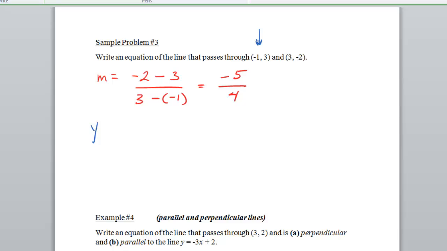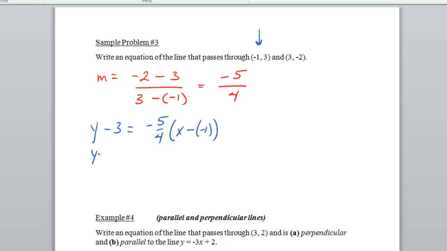If you do, however, have 2 points and one of them looks like it has smaller or easier numbers, or maybe you like dealing with positive numbers, pick the one that you think would be easier to use for yourself. So I'm going to start off with the 3 for y, so that's y minus 3 equals the slope, -5/4 times x minus, in this case it's a -1, so I'm going to put that in parentheses.